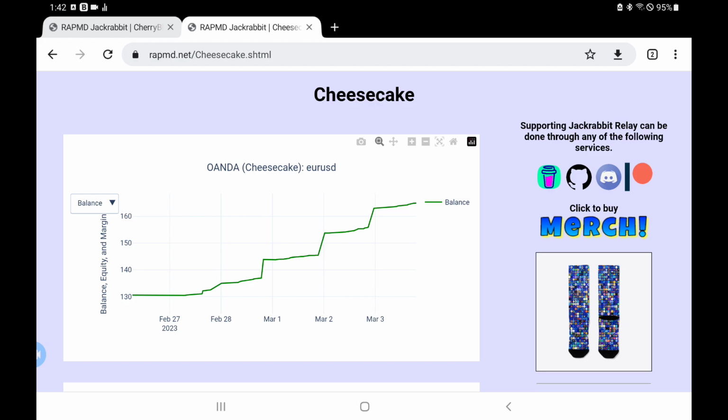So you can see where I am funneling profits into the long account from the short account, but I'm also making profits on the long account by itself. As you can see, I went from $130 to $160 in one week, or a $30 profit for this account.